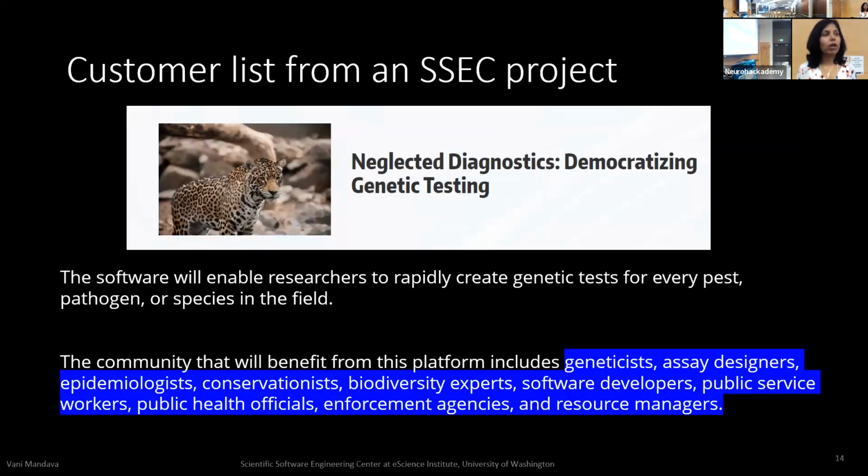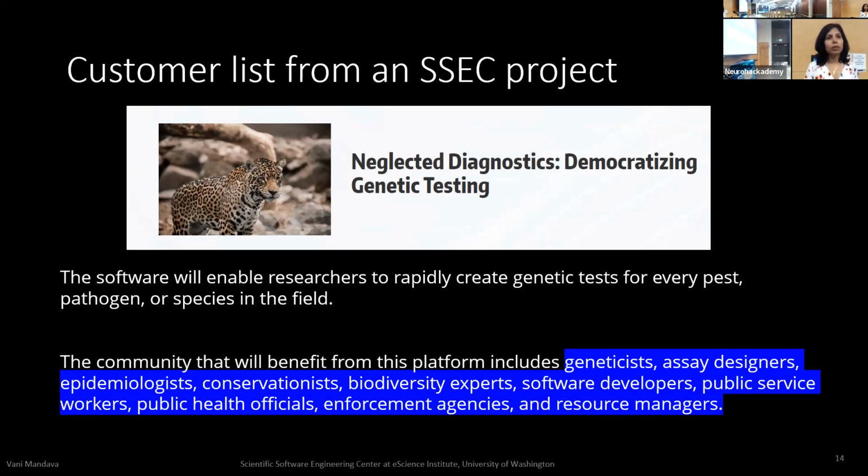Here's an example from one of our projects that the SC Center is working on. This is a project called Neglected Diagnostics. You can read about it on our website if you go to the eScience and Scientific Software Engineering Center. It's software that will enable researchers to rapidly create genetic tests for use in the field.